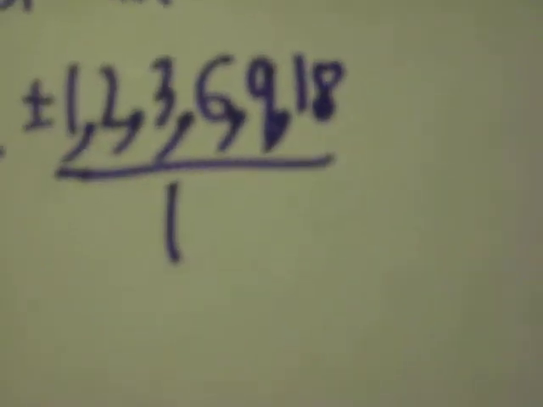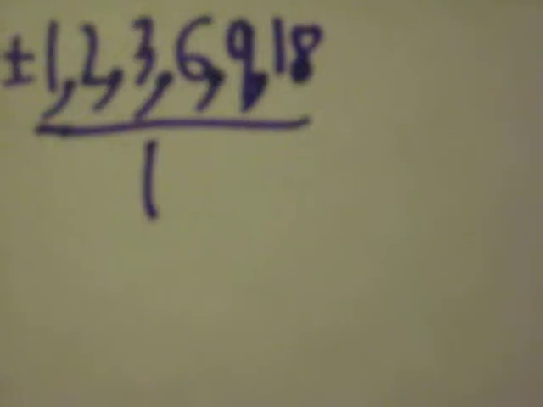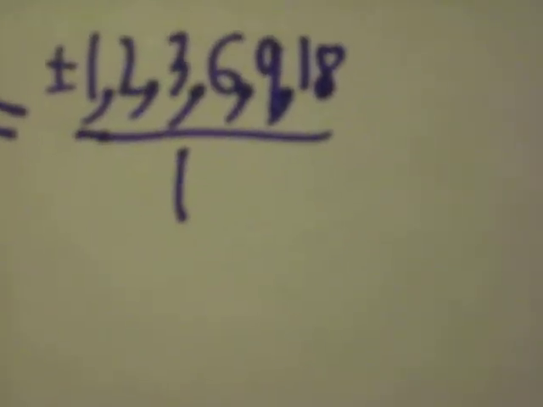So it would be the factors of the trailing term over the factors of the leading coefficient, which equals positive or negative 1, 2, 3, 6, 9, and 18 over 1. And since we know that there are no positive rational zeros for this equation, we will only be using the negative values of Q over P.